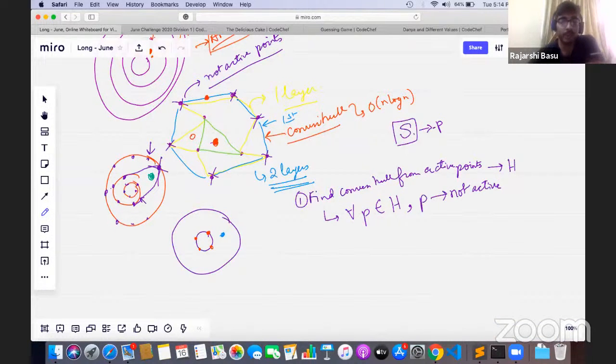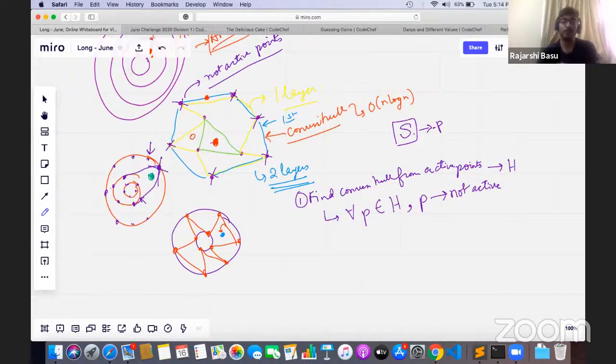But what you can do is, the first layer inside which the candle point lies, you can kind of twist that layer into a non-convex polygon, something like this, and make it include every other point that belong to inner convex hulls. So this logic should be clear in your mind, that this is valid.